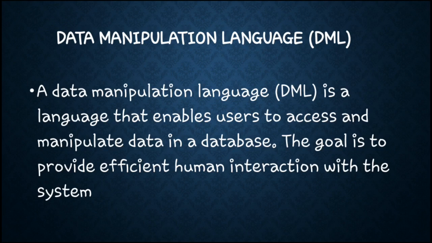In DDL we define the data, that is, we create the structure and layout of the table, alter the table, and delete the table in the database. These things we saw in DDL. But in data manipulation language we are going to see how to add records, how to modify records, and how to delete unwanted records in the table.